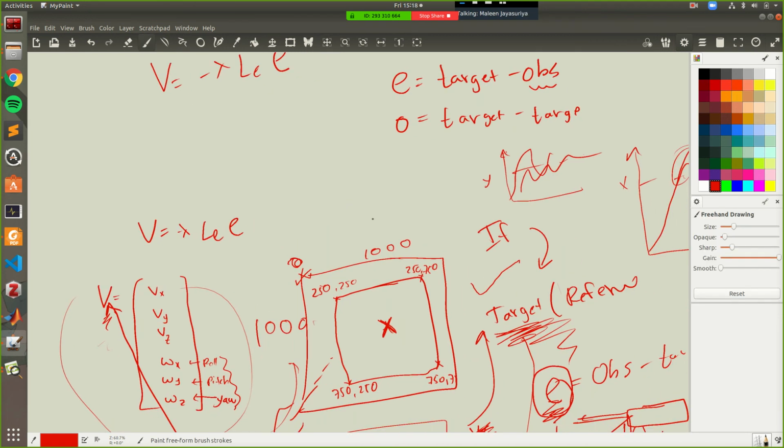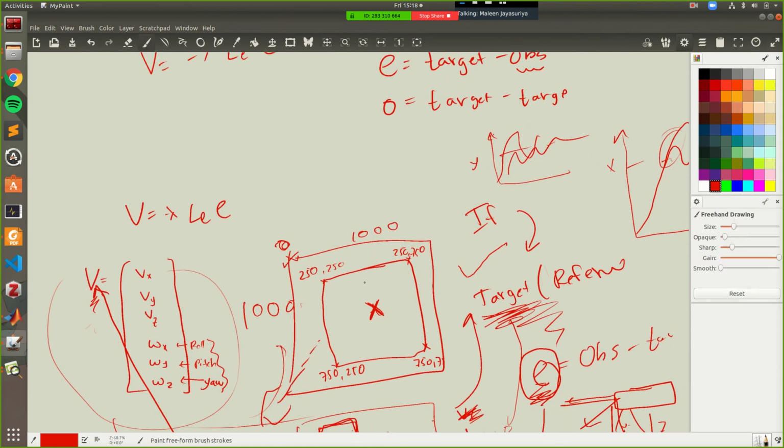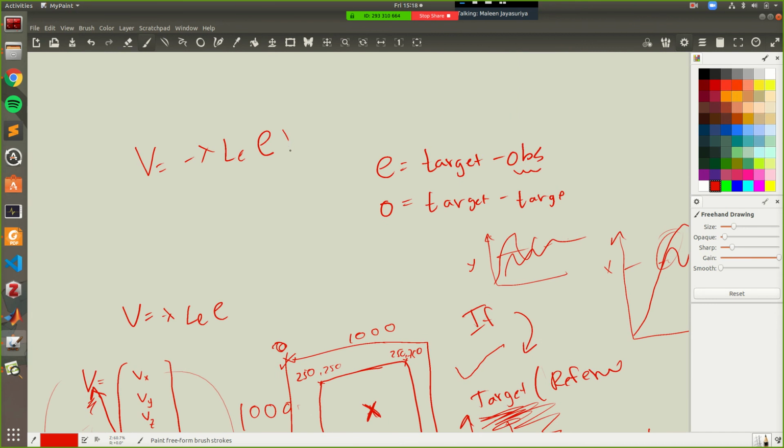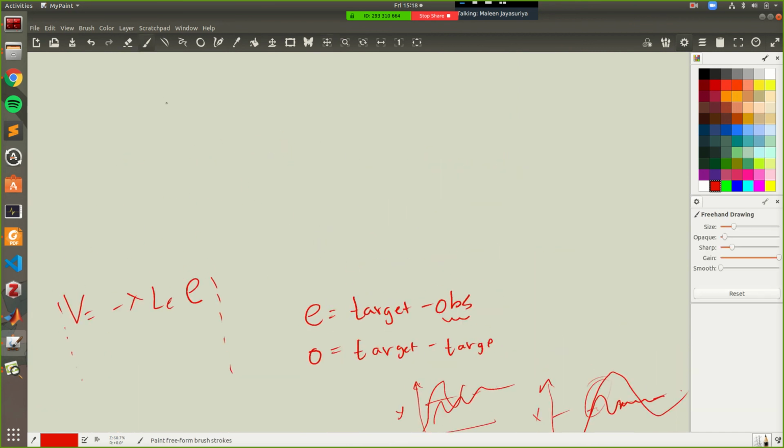As the error becomes smaller and smaller, the more you come close to it, your velocity becomes less and less. If you are really far away, your error value is going to be very high, so you're going to have a very high velocity, and it's going to start moving faster toward your object.